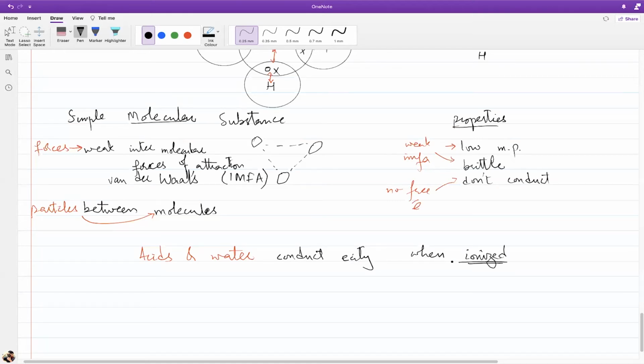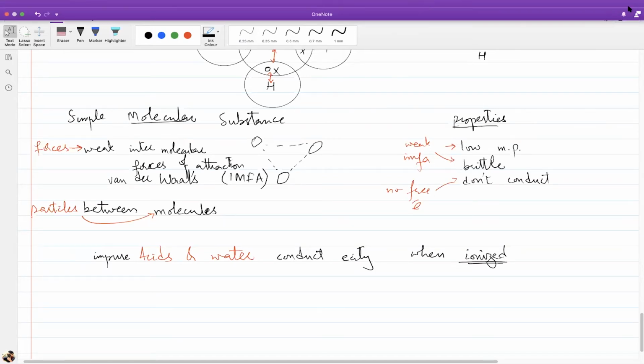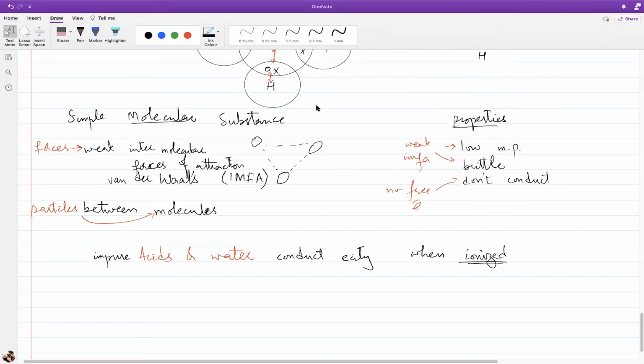And remember one thing, these can never be pure and ionize. They have to be impure. So they ionize. क्योंकि जब वो ionize हो जाते हैं तब उनके पास free ions आ जाते हैं जिसकी वजह से they can conduct electricity. Okay? So remember this, that unless they ionize, these simple molecular substances cannot conduct electricity. और उसकी वजह बड़ी सिंपल सी है, उनके पास कोई free electron है ही नहीं.